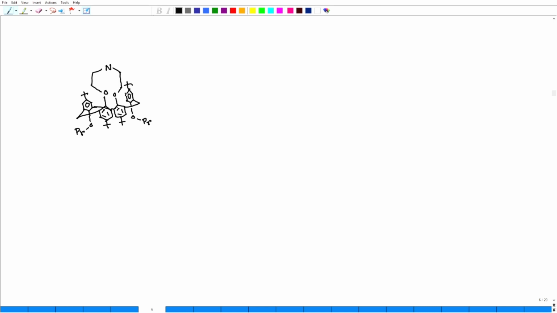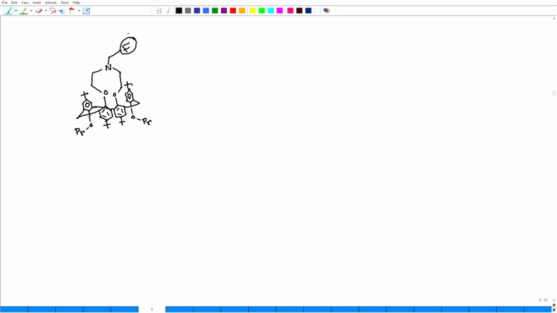And once you make it 1,2 alternate, why does it become 1,2 alternate? Because we derivatized it not with this propyl oxo species. So, the t-butyl groups flipped. So, 1,2 alternate, and we have a cavity here. This is NH, and this is bound to the fluorophore.